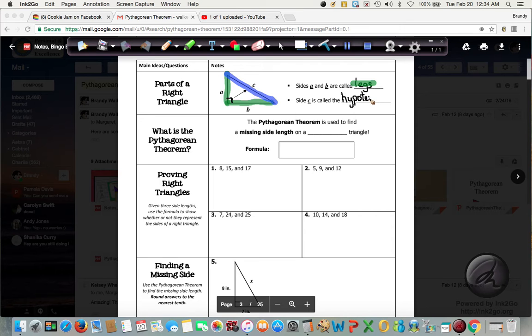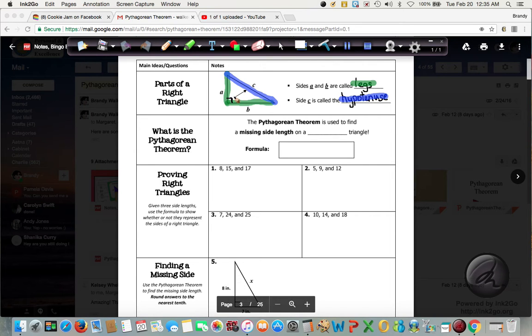Okay, the hypotenuse, and we're going to highlight that the same color as our side C. So grab that highlighter and highlight the word hypotenuse.